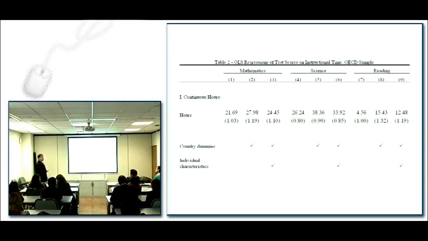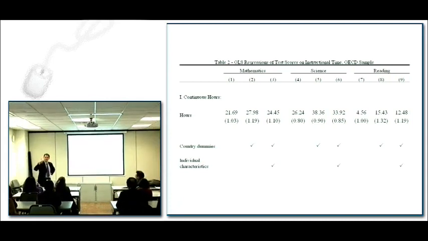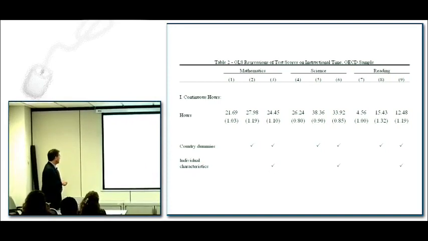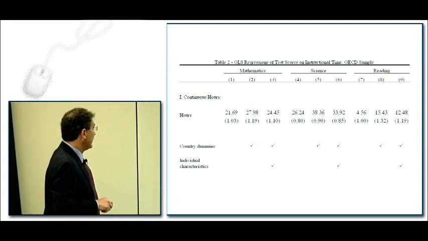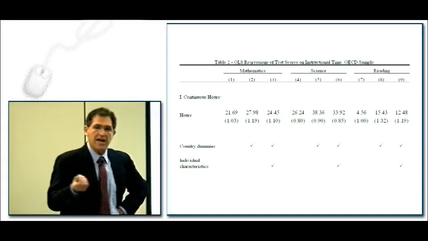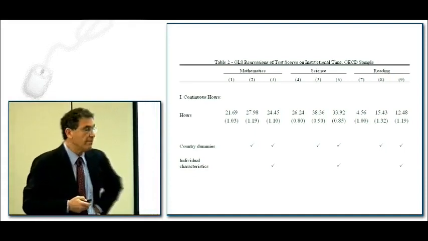When you look at a simple correlation, you get an effect of about 21. Okay? That means that 1 hour of instruction will give you 21 more points, according to these estimates, in mathematics. That's the OLS. Okay? So if the standard deviation is about 100, that's a fifth of a standard deviation.